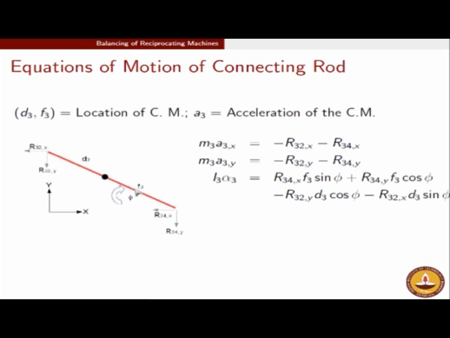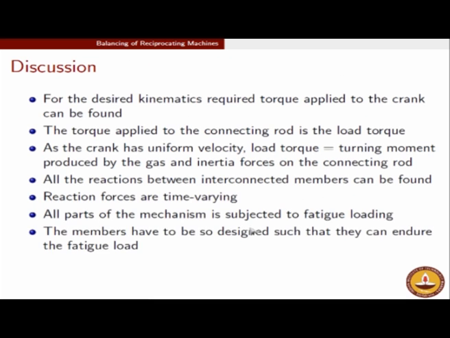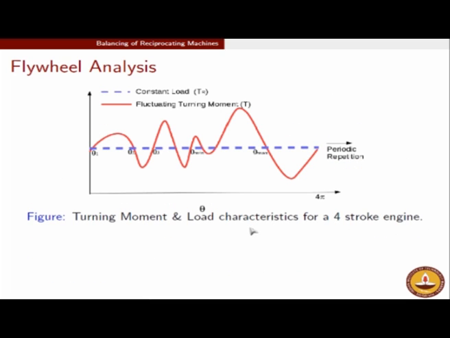Okay. So therefore F3 sin phi and D3 sin phi, these are moments about this black dot which is the center of mass. So I hope that clarifies the question, that it is moments not about the hinge point but about the center of mass.